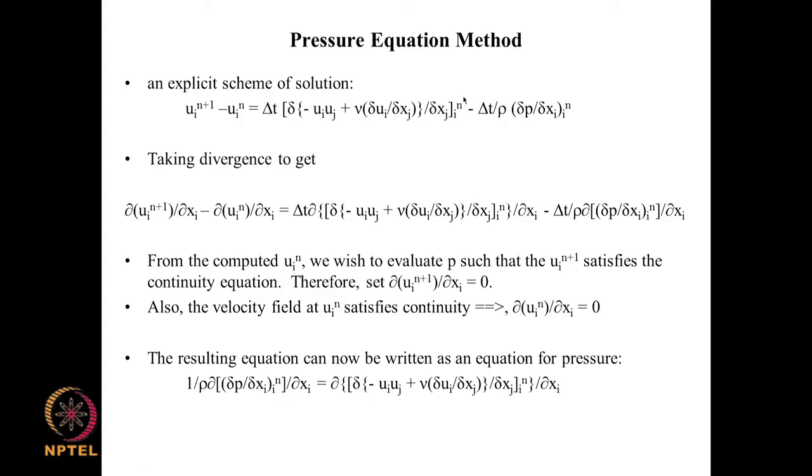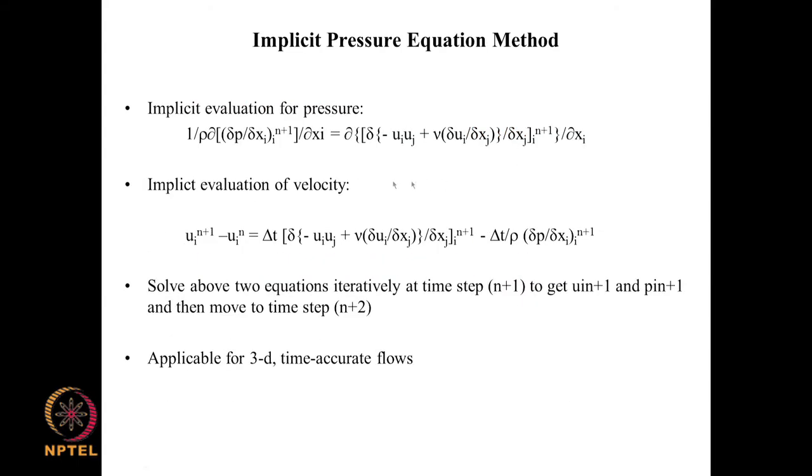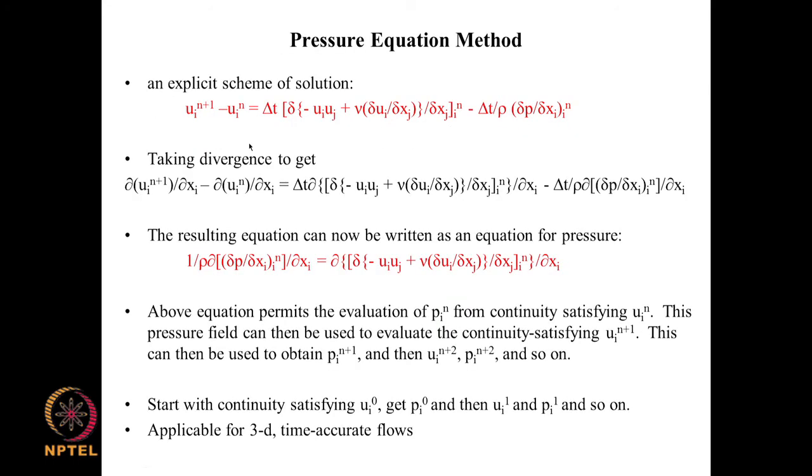If you make it implicit, then this becomes n plus 1 and this becomes n plus 1. So that is what we have here, and we take divergence of that, and we have this as n plus 1, this will still be there, and we put n plus 1 here and n plus 1 here. We use the same argument that the new velocity field Uin plus 1 must satisfy the continuity equation. So this is equal to 0.